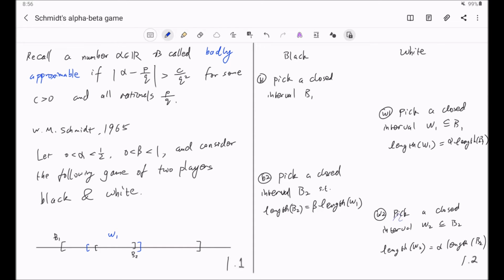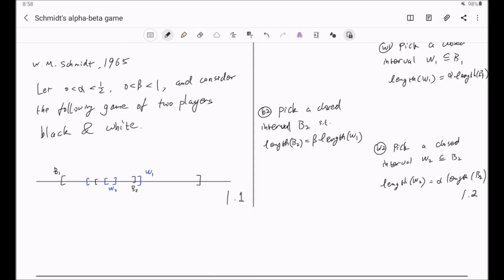In the fourth step, white will pick a closed interval whose length is alpha times this, again fairly small. So this is W2. I hope this is clear.